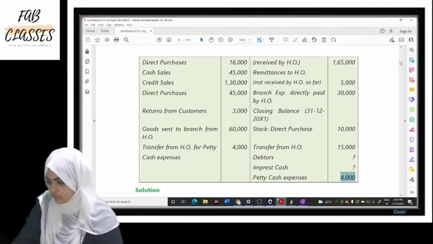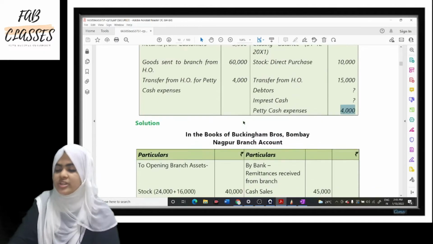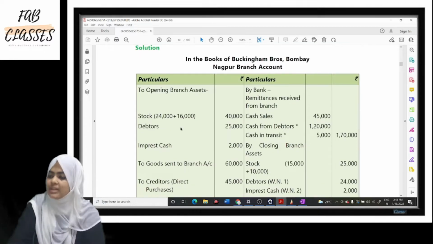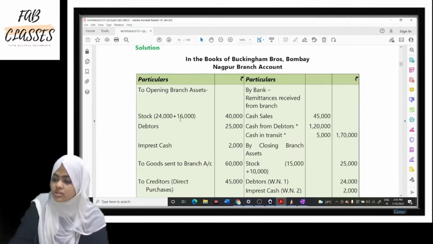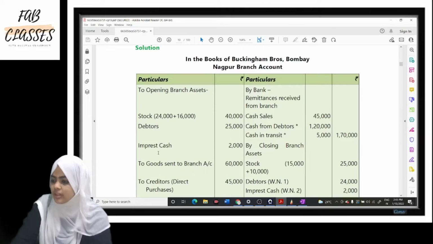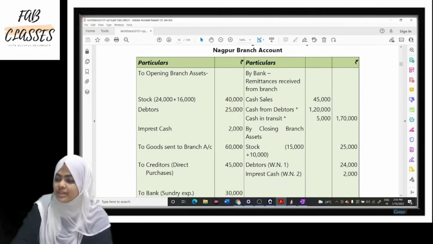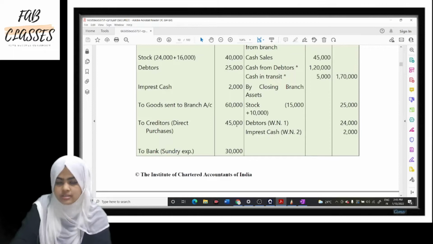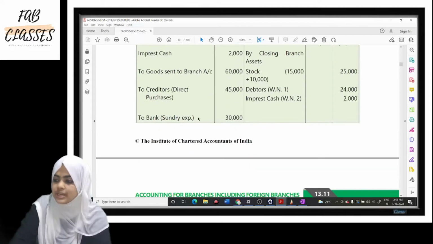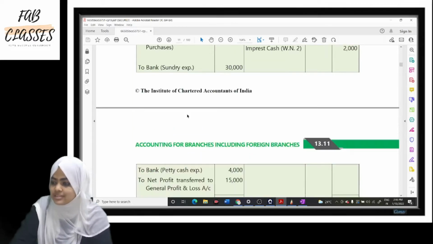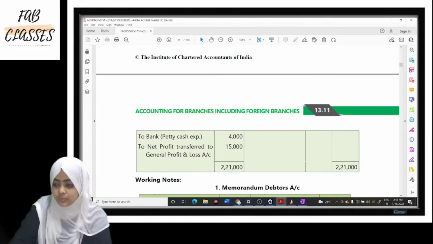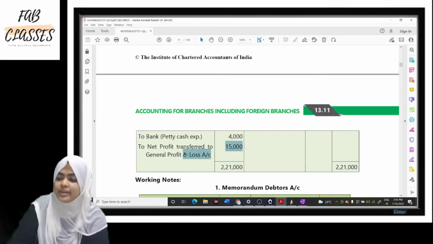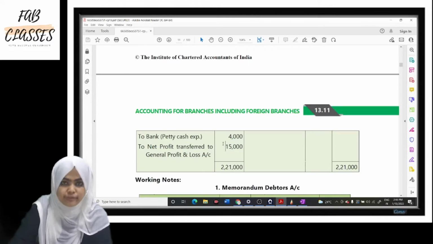So now let's look into the ICAI solution, whether we are right or not. The opening branch stock is given 40,000, debtors 25,000, imprest cash 2,000, goods sent to branch was 60,000, direct purchase was 45,000, expenses 30,000 and 4,000. 2,21,000 was the total, and the net profit transferred to the P&L was 15,000.